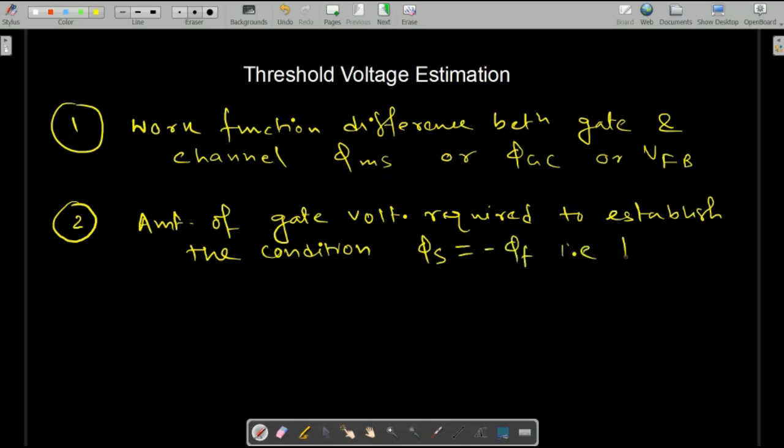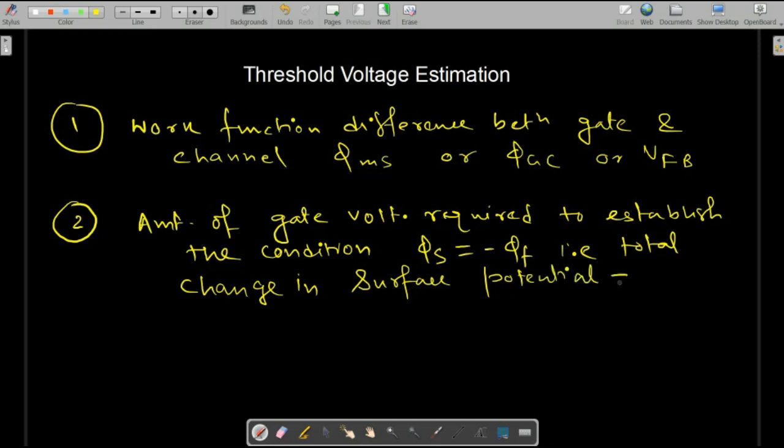That is the total change in surface potential equal to minus 2 phi f.